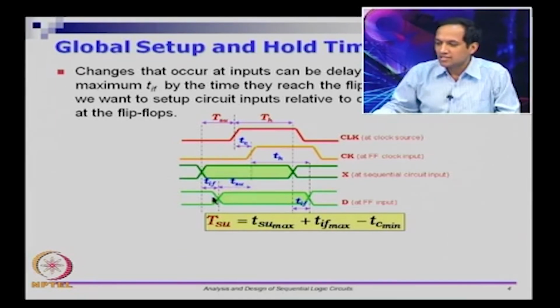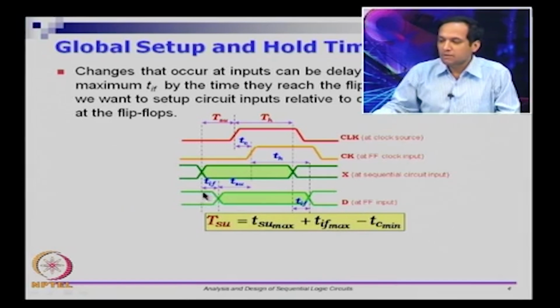So, that is TIF plus tSU, that takes me to the clock pulse here, but if I subtract TC it takes me to CLK. So, TSU is tSU of the flip flop plus TIF which is the input to flop delay minus TC.